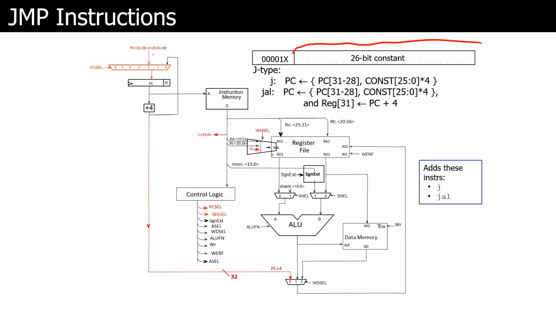So in addition to doing this work here with the PC, what also happens is you get the value of the PC plus 4, so the PC before you did the jump, and that comes in here. And you have it passed to this write data select multiplexer, and that's because you want to write that value to the RA register. So you would have to select 0 for WDSEL, and it comes up as write data.